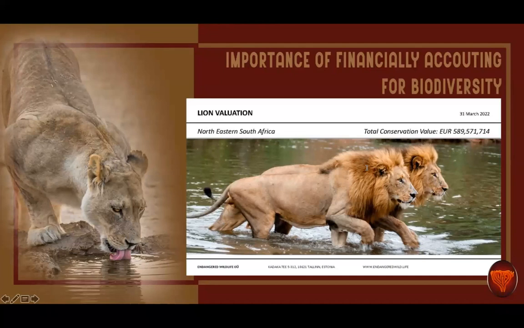So again, all of a sudden, by understanding the financial value of these lions, it becomes possible to relate to the importance of protecting the population and investing into the longer-term survival of the species. This may include, for example, development of new technologies, or to protect the species, or investing into the vultures so as to protect the implicit value of the lions.